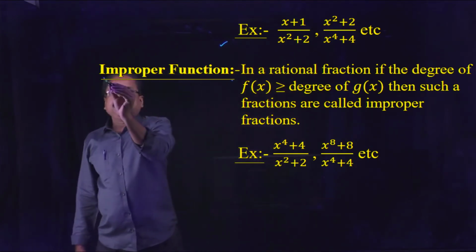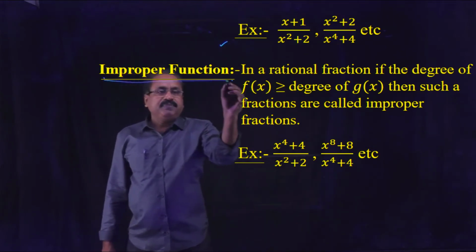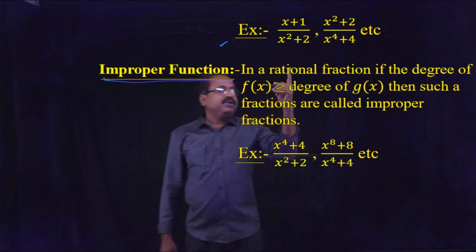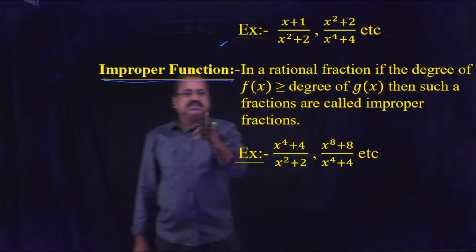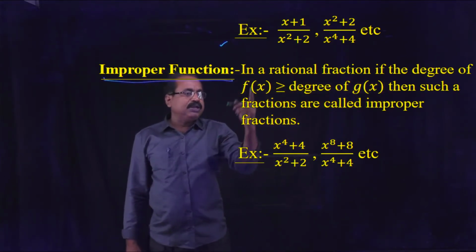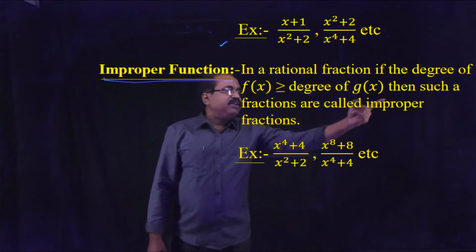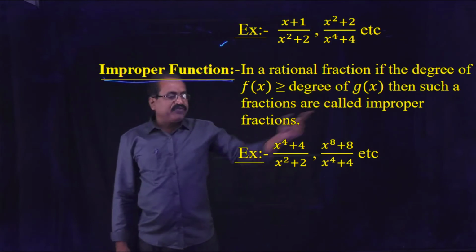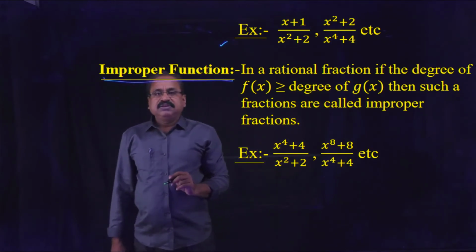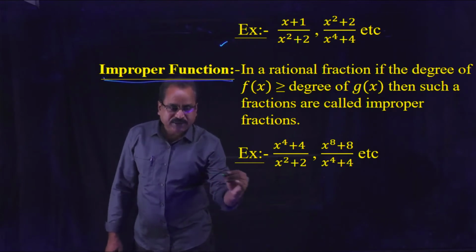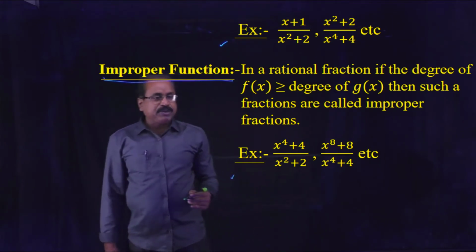Next, improper fraction. In a rational fraction, if the degree of f of x is greater than or equal to the degree of g of x, then such fractions are called improper fractions. Examples: x power 4 by x square plus 2.